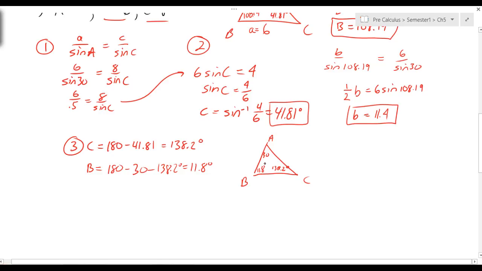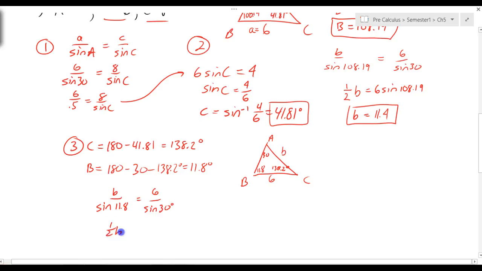And so now we're ready to find our new side B. So we'll do side B over the sine of angle B, which is 11.8, equals 6, that's A, over the sine of A, which is sine of 30 degrees, or 1/2.